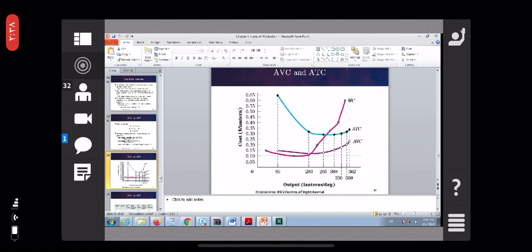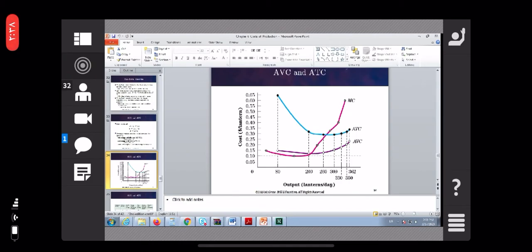These are the curves of marginal cost, the curve of average total cost, and the curve of average variable cost. Look, as long as the marginal cost curve affects or interacts with the average cost.